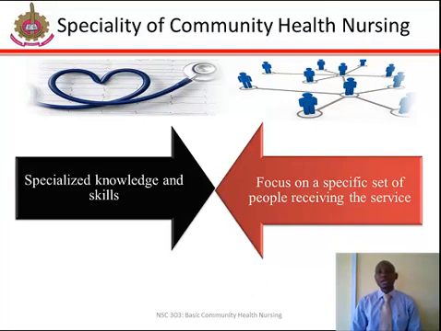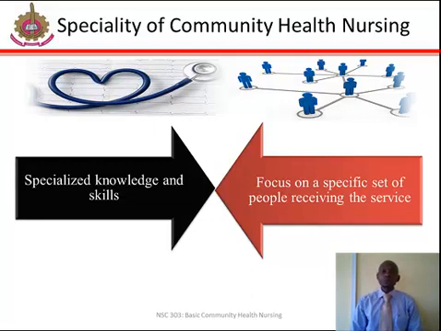So that is why we have a specialty in specialized knowledge and skills. And the other one focuses on a specific set of people that are receiving treatment. This gives a specialized nursing practice a focus on a particular area or specific set of people. That is what makes it special.